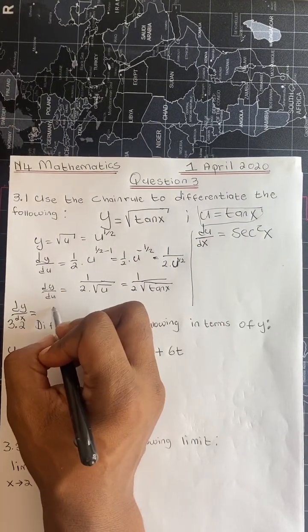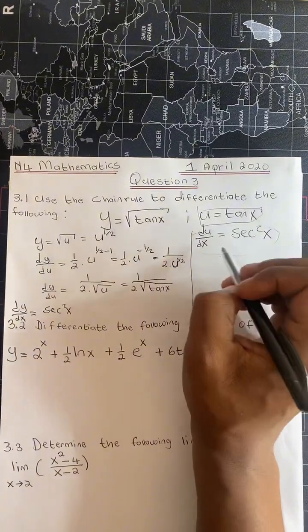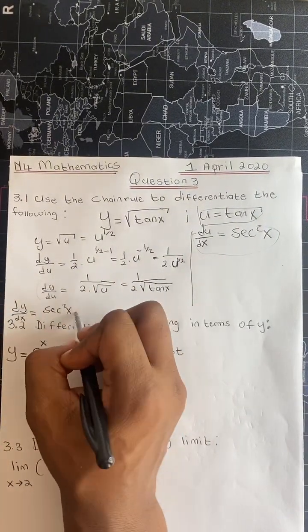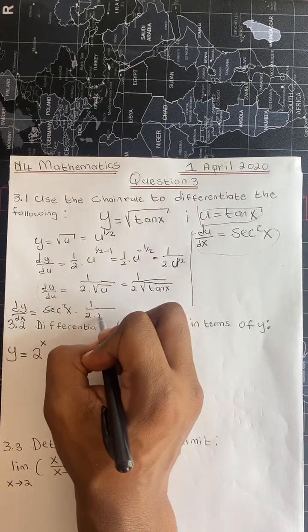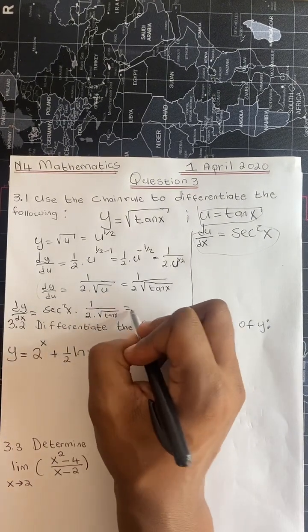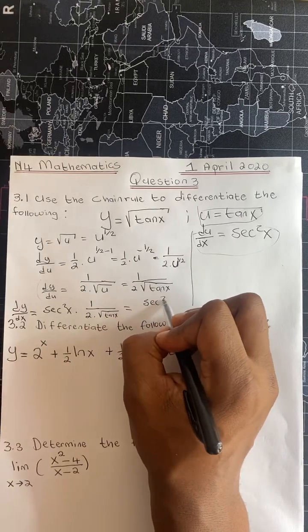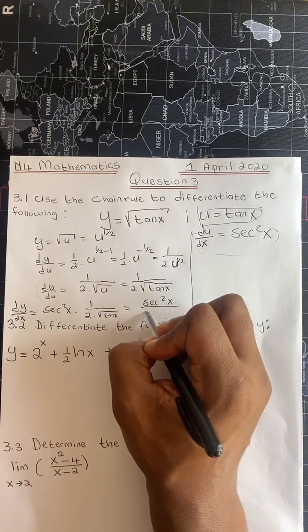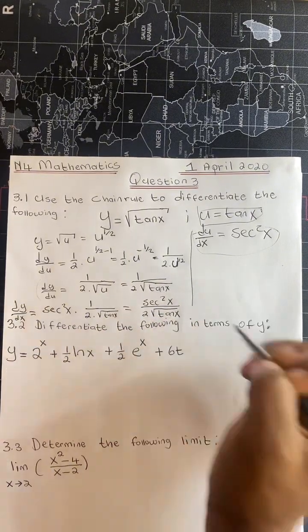So we multiply sec squared x, the du over dx, with dy over du, which is equal to 1 over 2 multiplied by the square root of tan x. So this will be equal to sec squared x over 2 times the square root of tan x.